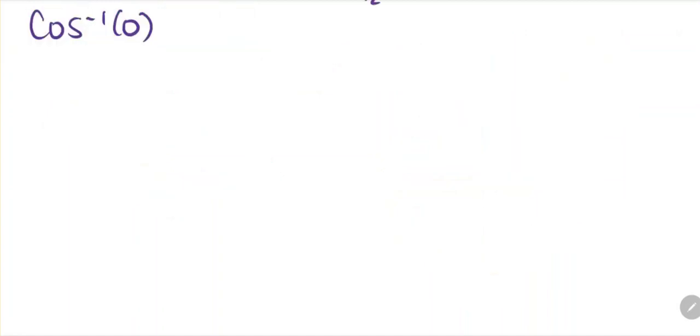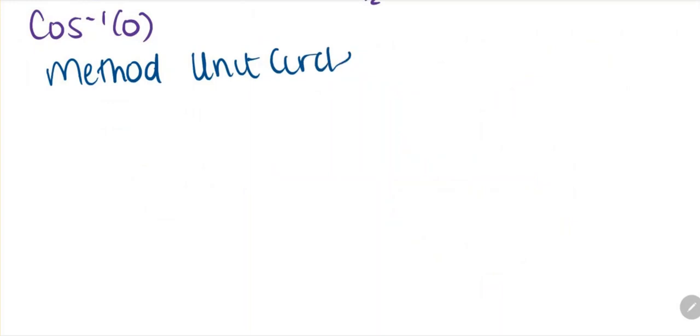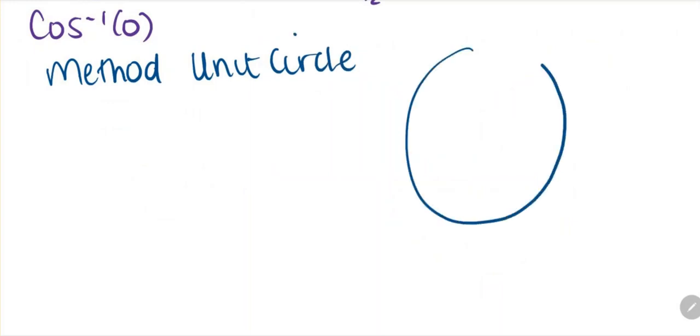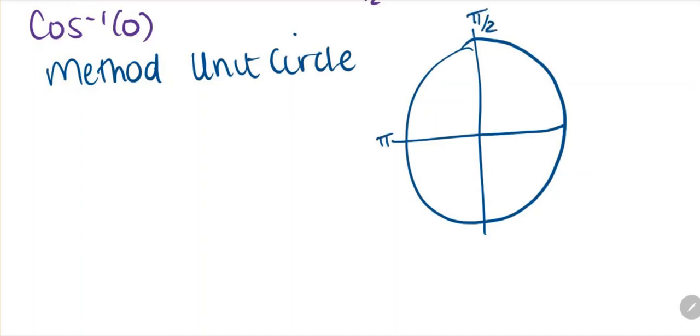Okay, so next question, we have cosine to the minus 1 of 0. And if we use the method of using the unit circle, so if we draw our unit circle, this is pi over 2, pi, 3 over 2 pi, and 0 here, and 2 pi.